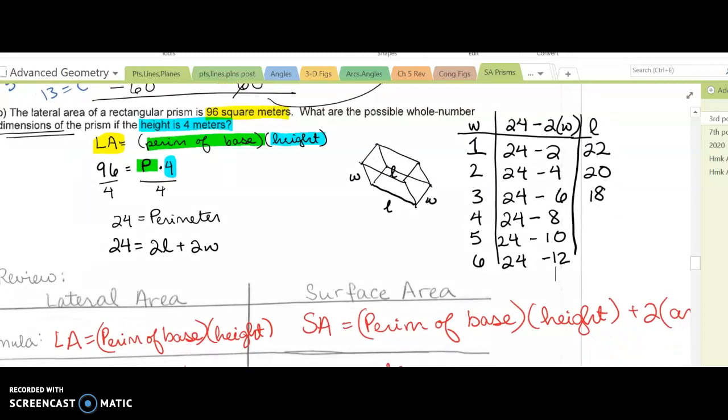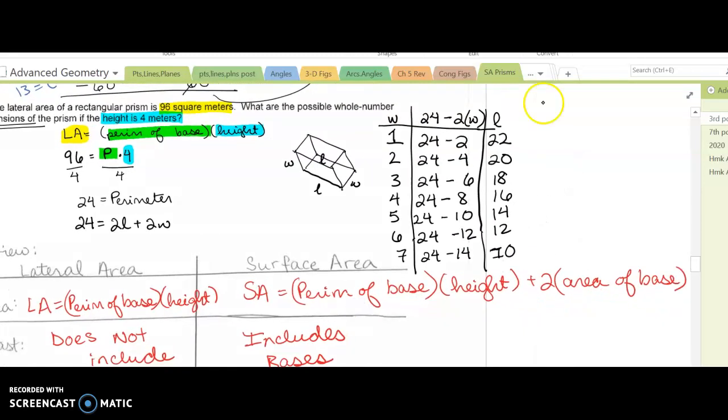Let's see where that gets us. So if I go to 7, that gets us to 10. Oh, we're going to have to continue our chart over here.